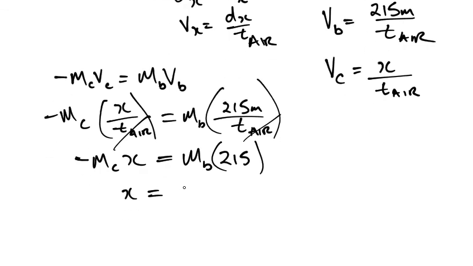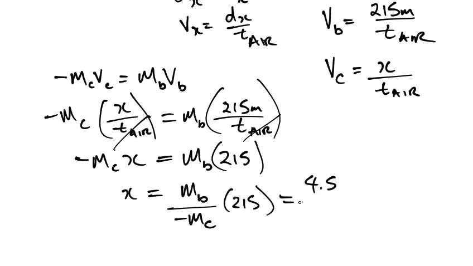And for x, we're going to get mb all over negative mc times 215. Now mb, I think, was 4.5, mass of the ball, and 225 and 215.